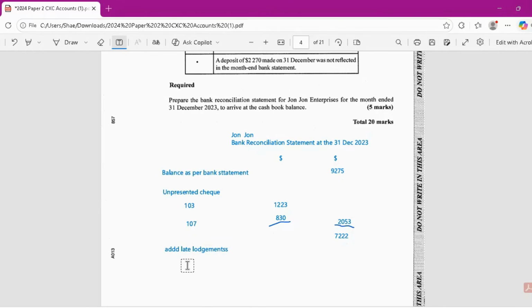So you're going to put it there. $2,270, which is now going to give you a balance as per Cashbook.